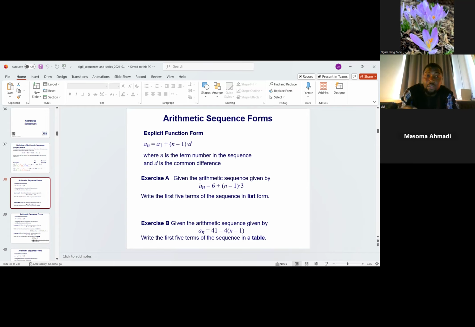Now the first term a, of course, is 6 here in this case, and the common difference is 3. So write down the first 5 terms. You can see from the formula here that the first term is 6 and the common difference is 3. Let me know if you are able to write it, please.